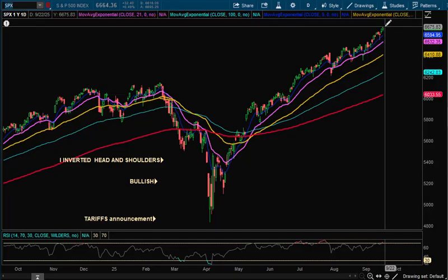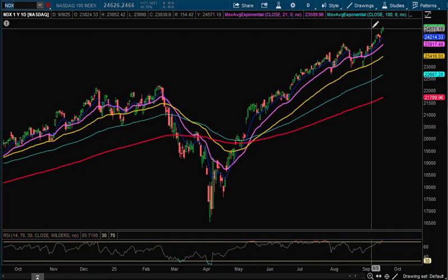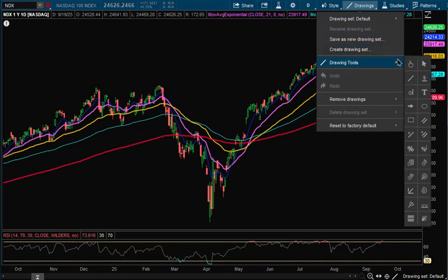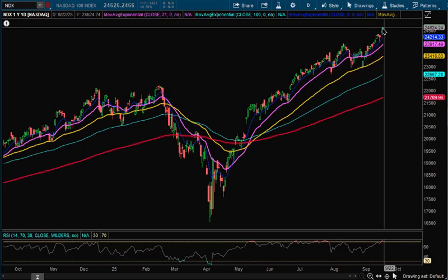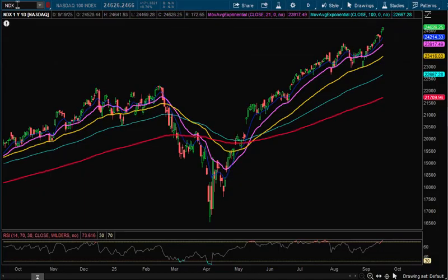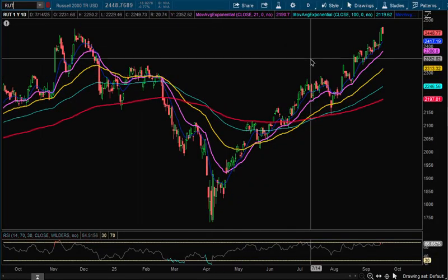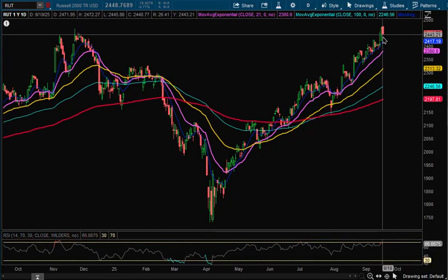NDX, let's take a look at it. Same ballpark. NDX also made a new high at 24,000. Russell RUT, let's take a look, is also making newer highs, but today it slammed down a little bit and has a very perfect V-shaped recovery here.